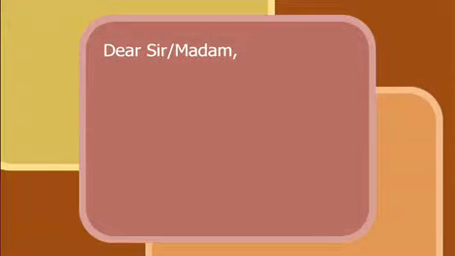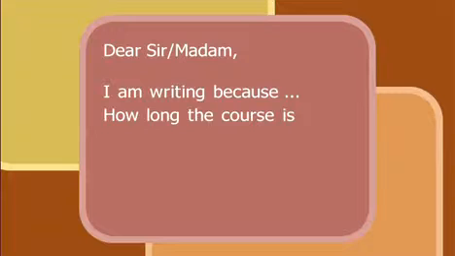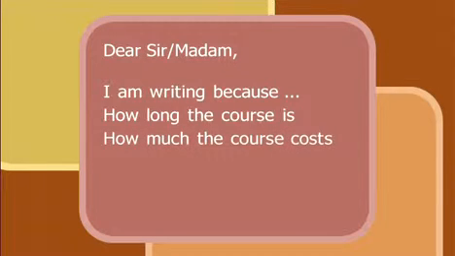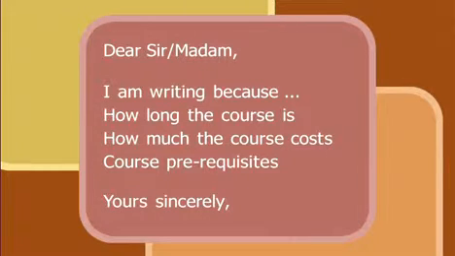First, a greeting, Dear Sir or Madam. Then an introduction stating a purpose. I am writing because. Then the body. 1. How long the course is. 2. How much the course costs. 3. Course prerequisites. And then finally, the closing. Yours sincerely.